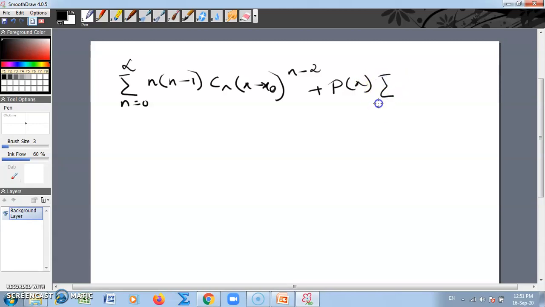What was y single dash? It was summation n goes from 1 to infinity, n Cn (x minus x naught) to the power n minus 1, plus q(x) multiplied by y.